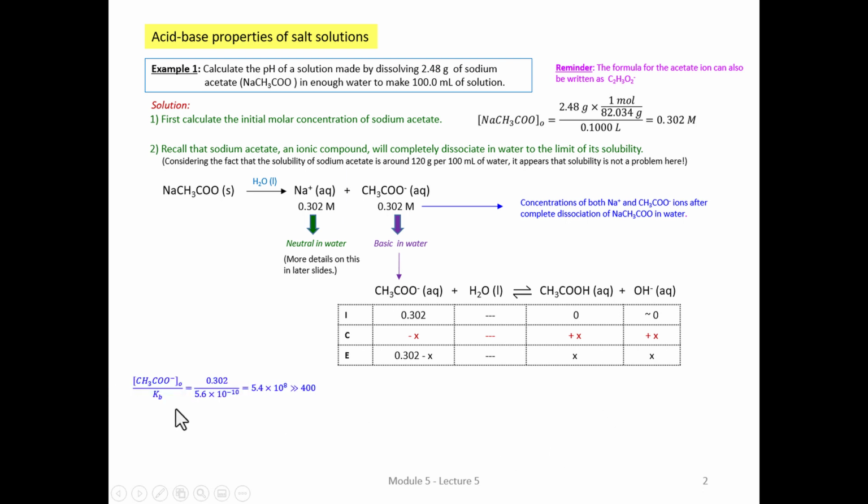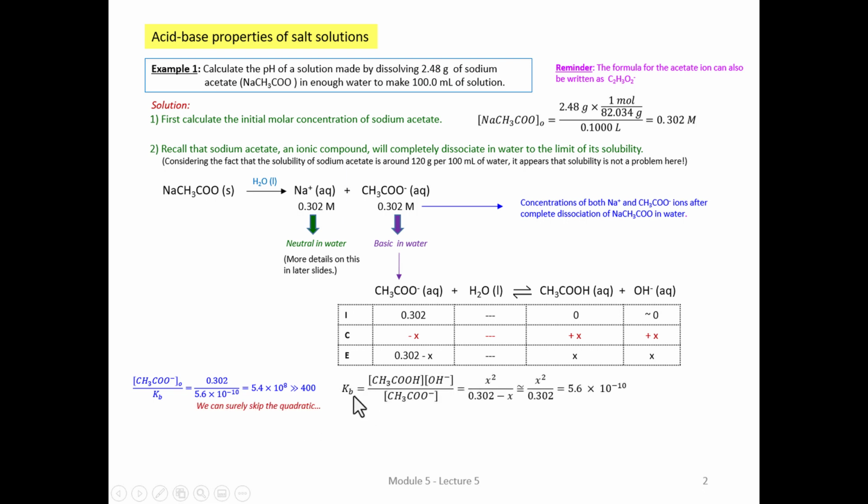We now are going to check on whether or not we can assume x is small in our calculation. If we take the initial concentration of the acetate and divide by the Kb value, we see we get a ridiculously large number, which of course is way bigger than 400. So we can surely skip the quadratic here.